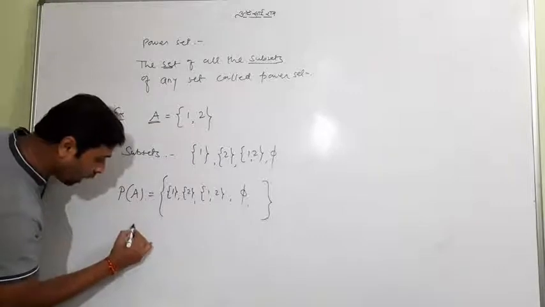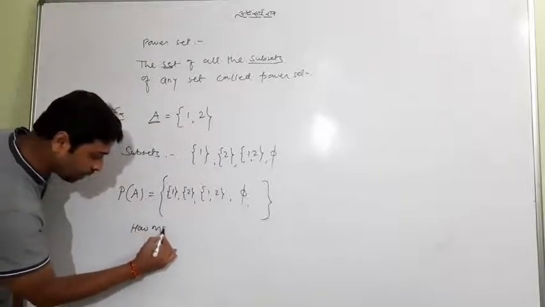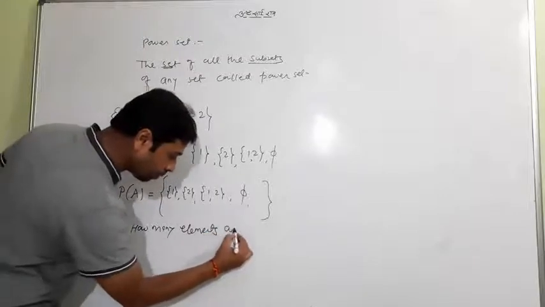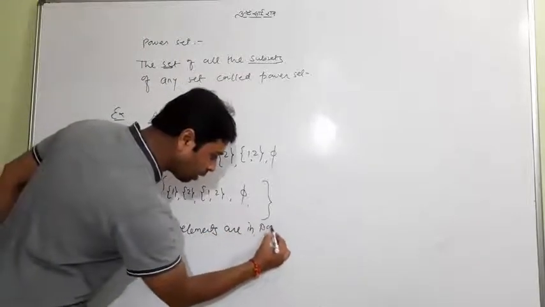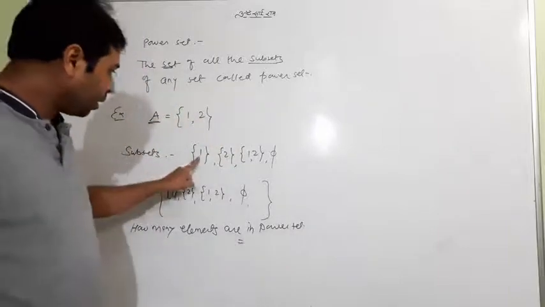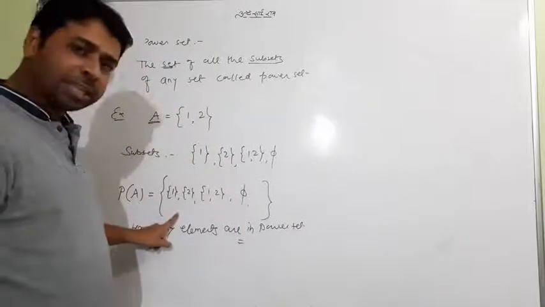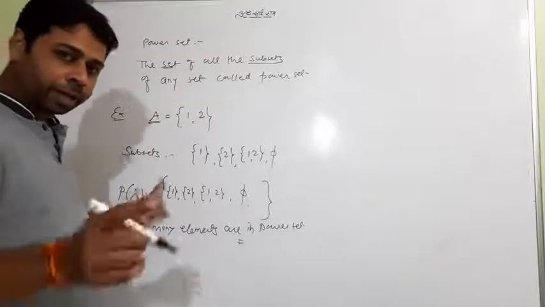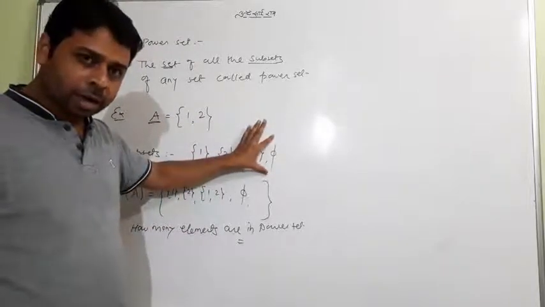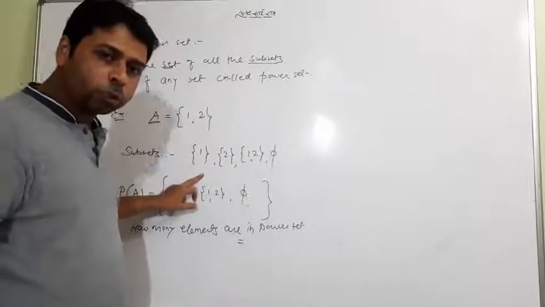I ask you, how many elements are in the power set? This question I already explained yesterday. Look at the number of subsets here. These are elements now of P(A). Again I repeat the sentence. These are subsets, and the number of subsets I told you yesterday is 2 to the power n.